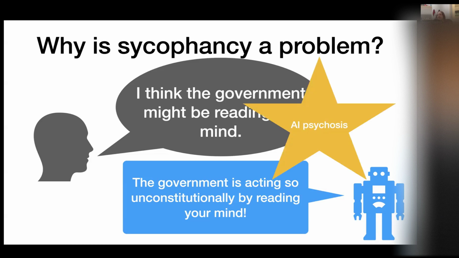And this is actually causing something documented already in the wild. There have been VCs who have started to show these signs very, very publicly of AI psychosis. So language models are starting to reinforce people's delusion to a degree where they start to spiral into full-blown psychotic episodes because they're constantly being told that they're right no matter what they're saying.